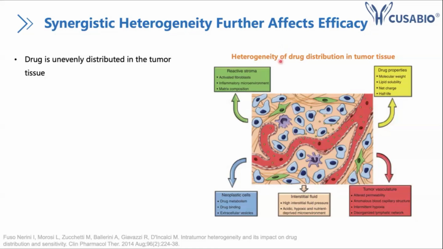So all this can become obstacles for the drugs to penetrate into the tumor site. So the penetration of the drug is limited by all these physical and chemical properties.